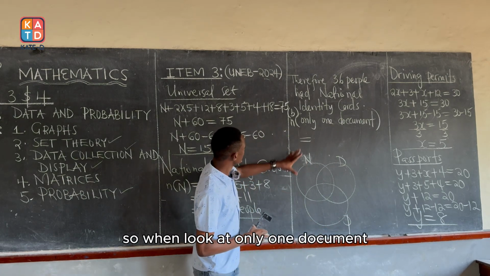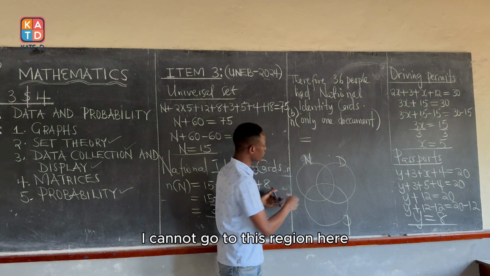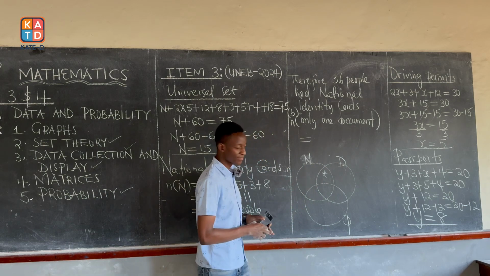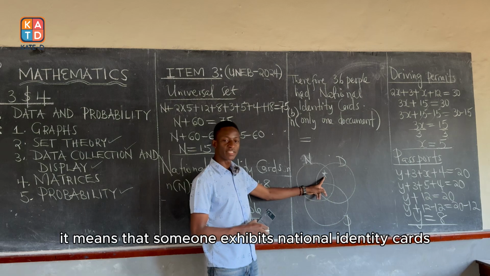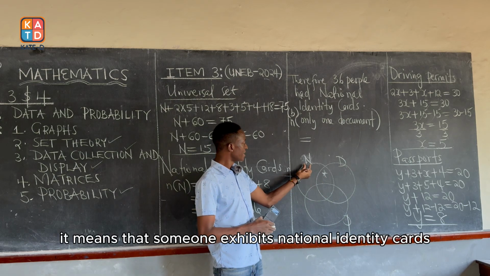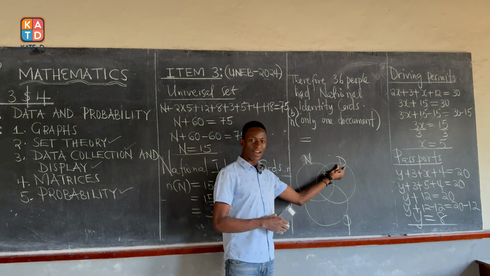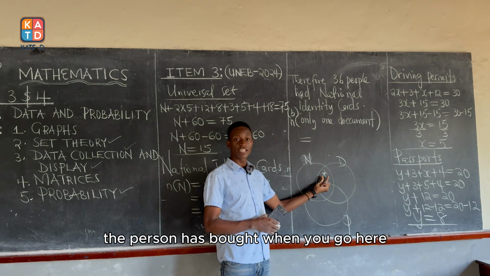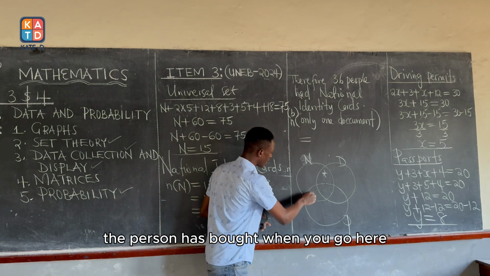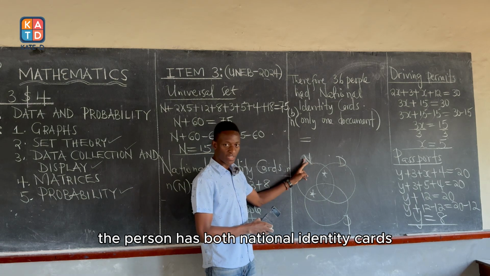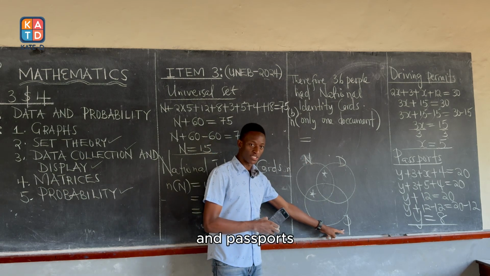So when you look at only one document, I cannot go to this region here, because this region means that someone exhibits national identity cards and driving permits. The person has both. When you go here, the person has both national identity cards and passports.